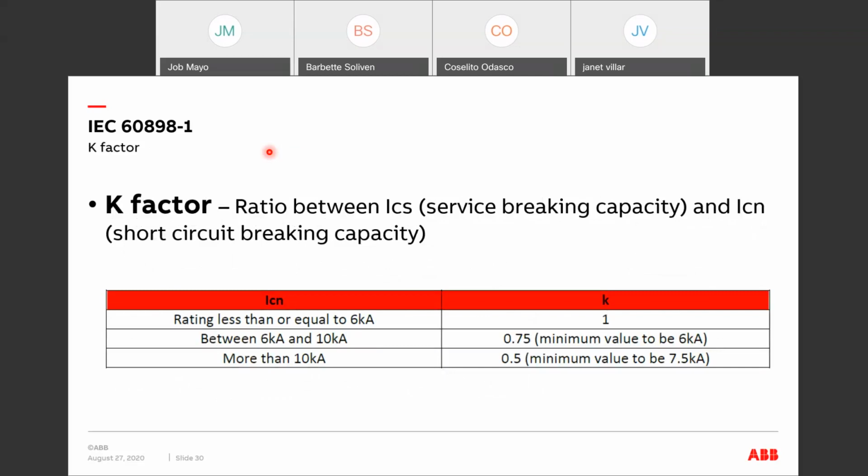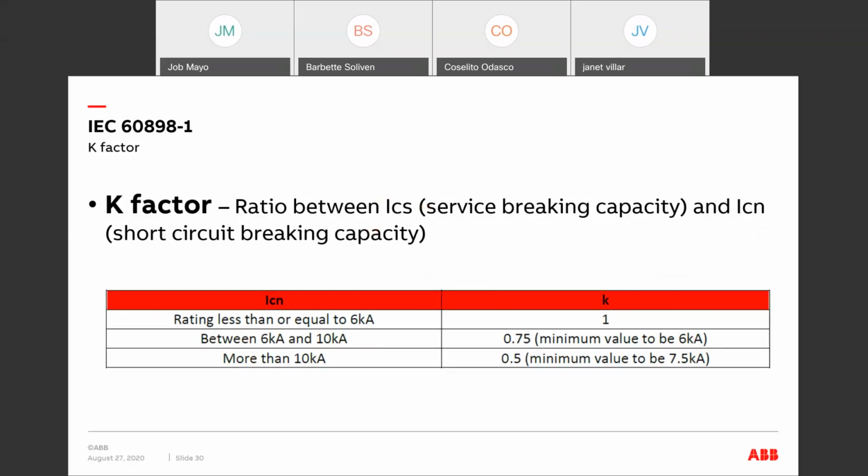So this is the K factor, which is the ratio between the service breaking capacity and the ultimate short circuit breaking capacity of a miniature circuit breaker tested under 60898-1. If you look at a miniature circuit breaker, you won't find the ICS.